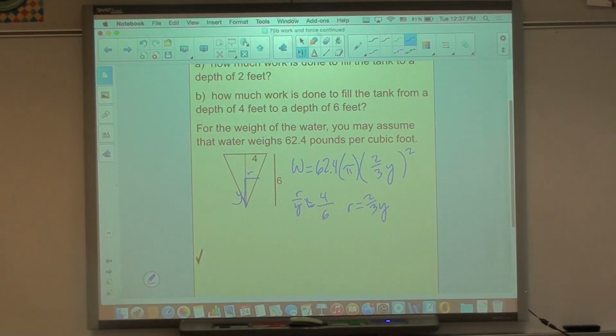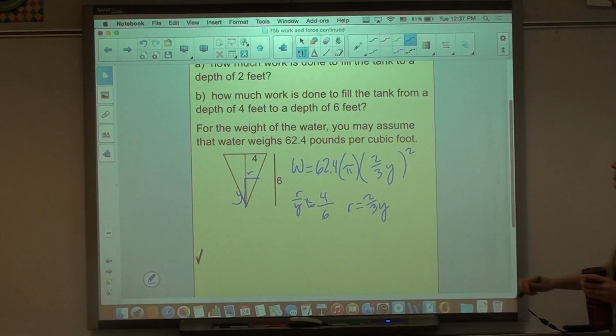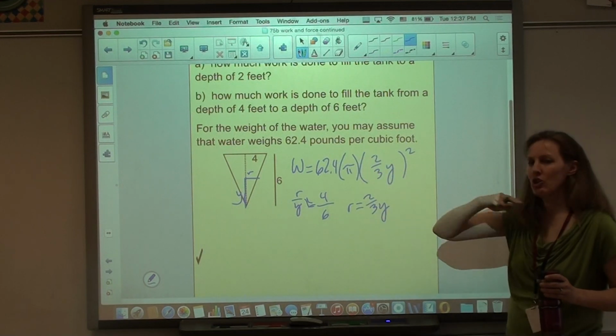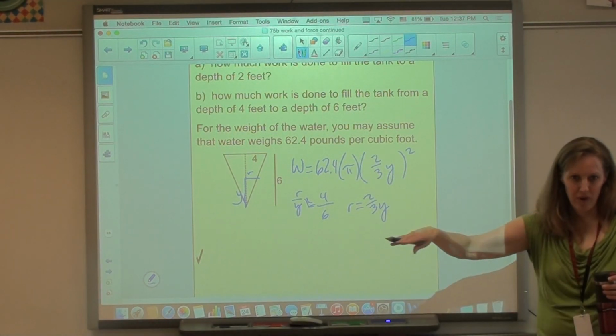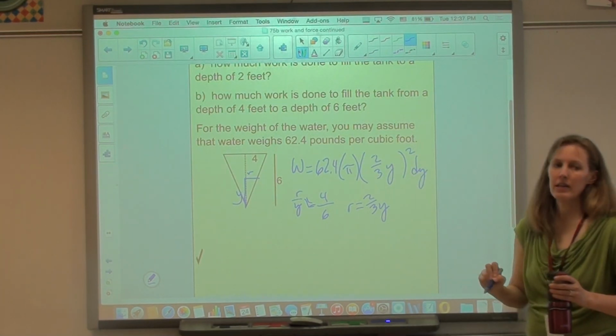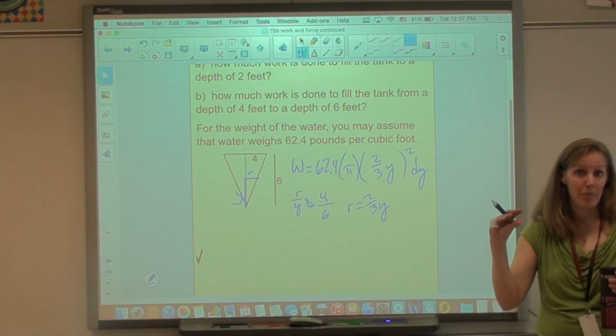So what you need for your cross section is the weight of the water, pounds per cubic foot, times the cubic feet, this is really square feet right now, of a cross section, and then this dy gives you the depth.